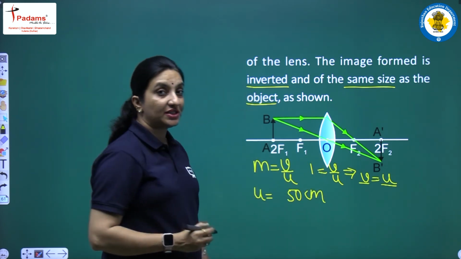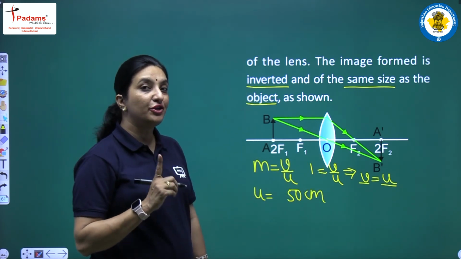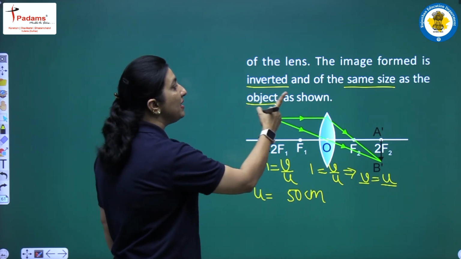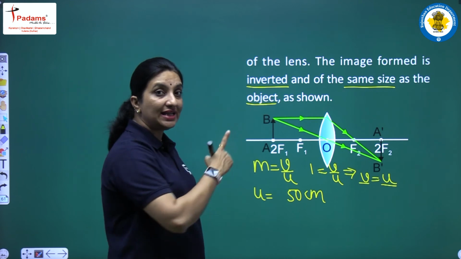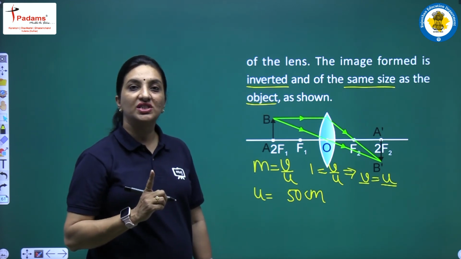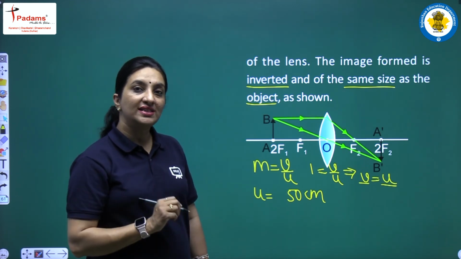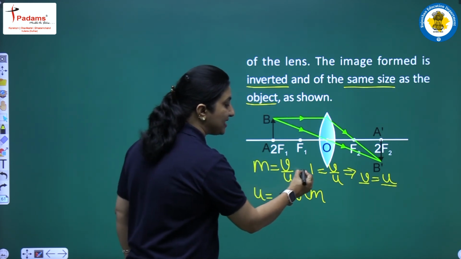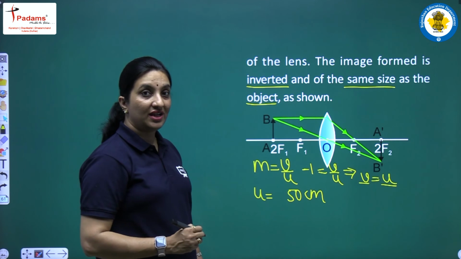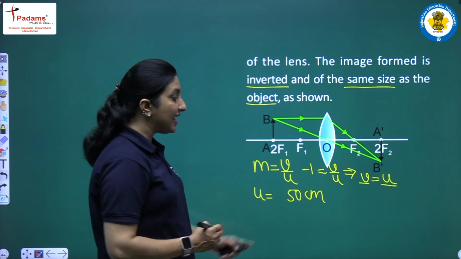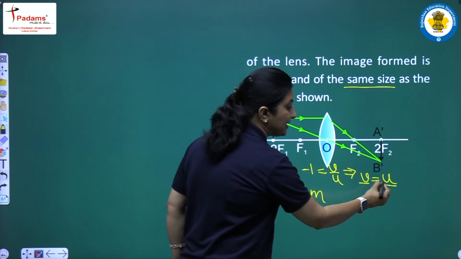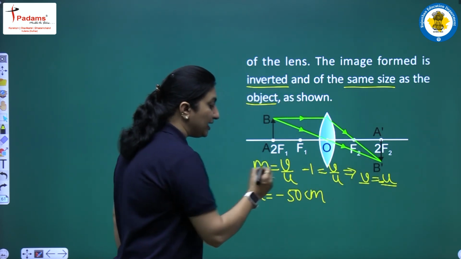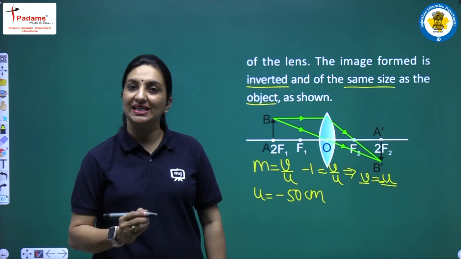50 centimeters. Now students, here if we use the proper sign convention, then what we get is that the image is inverted, right, and all inverted images are real. So what does this indicate? This indicates that the value of M has to be taken as negative, and if the value of M is negative, then V is equal to minus U, that is the value of U is minus 50 centimeters.